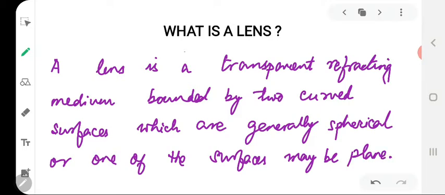So how to define a lens? A lens is a transparent refracting medium bounded by two curved surfaces which are generally spherical or one of the surfaces may be plane.